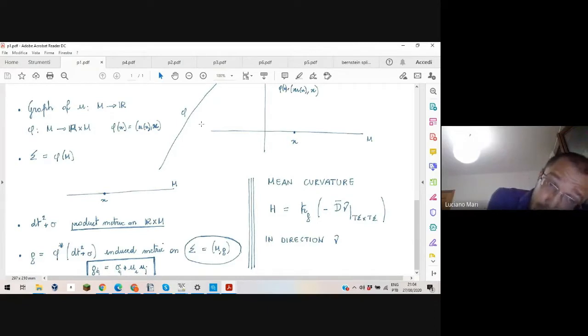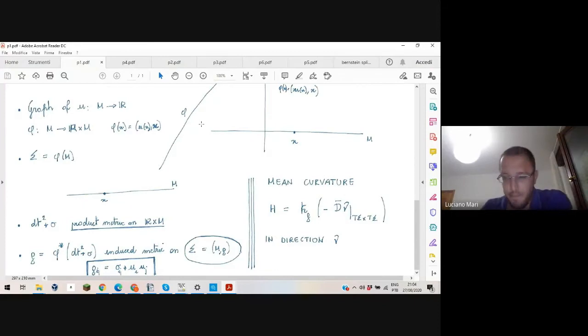And so Sigma can also be seen as the manifold M with another Riemannian metric given by the pullback by phi. So Sigma and M are the same topological manifold with two different metrics.